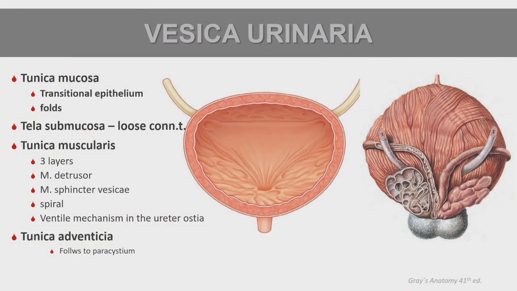So, the urinary bladder and its wall. Its wall typically contains a tunica mucosa. The tunica mucosa is equipped with transitional epithelium. Transitional epithelium looks something like this. You can see here smaller, larger, conic, tree-like cells, and this is in the normal situation.